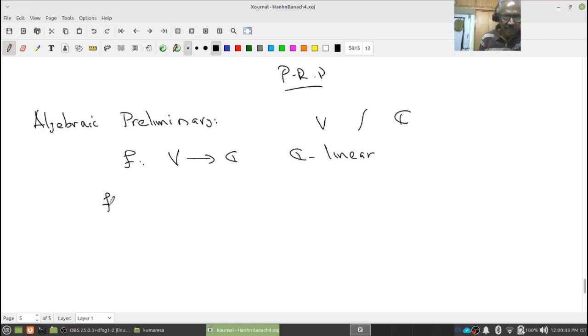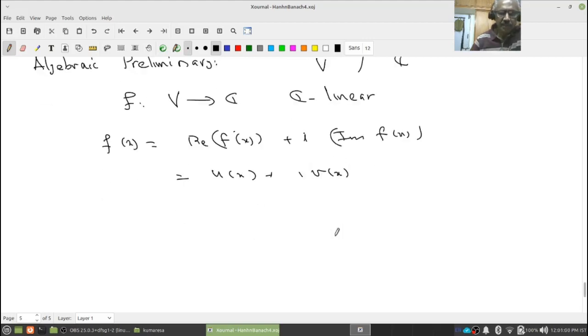Now as in complex analysis I can write f of x equal to real part of f of x plus i times imaginary part of f of x. This is what you call u of x plus i v of x. The interesting thing is, u and v share an intimate relation, are intimately connected.